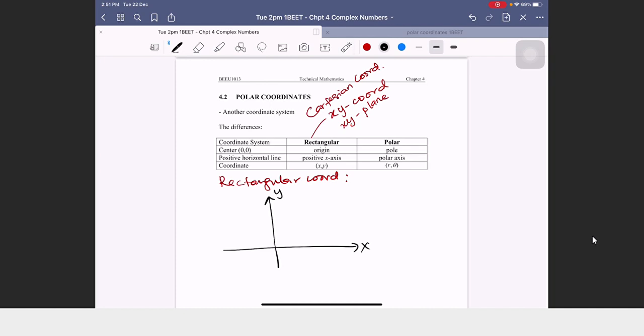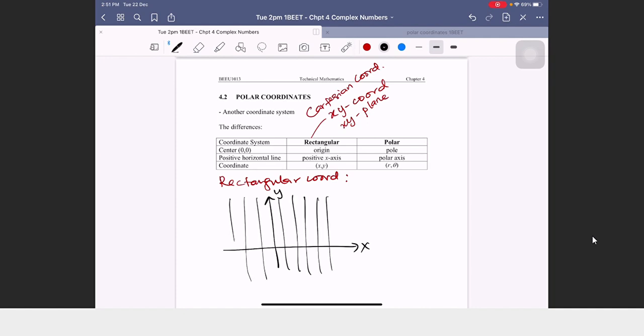And for this rectangular coordinate system, if you remember, previously you are familiar with the graph paper. Graph paper is actually some sort of rectangular coordinate. Why is it called rectangular? Because your graph paper is with this type of grid.